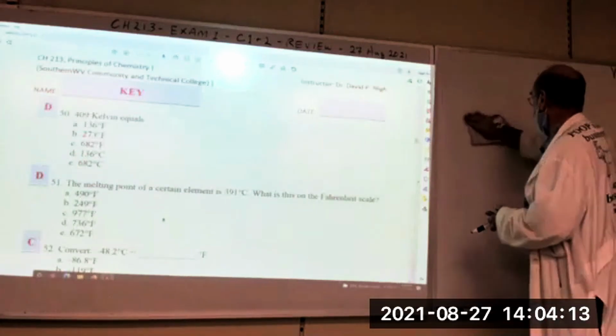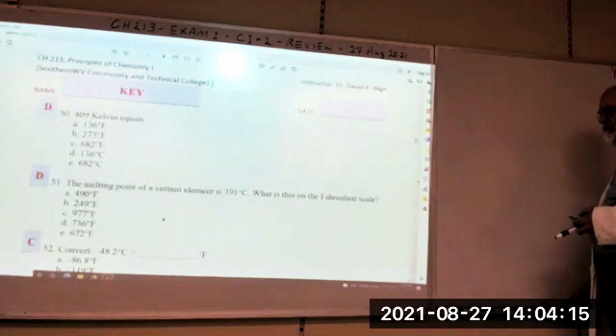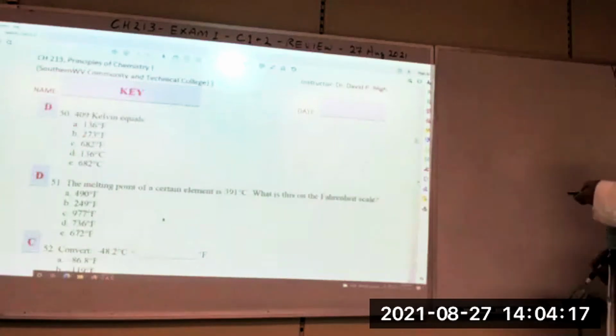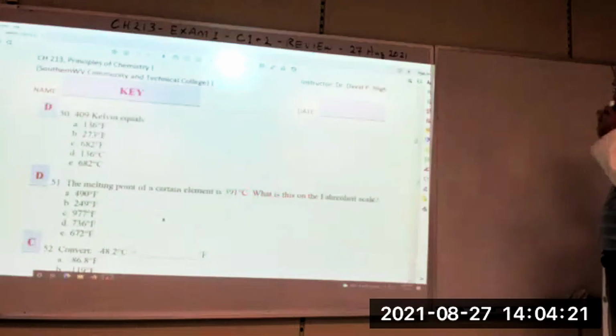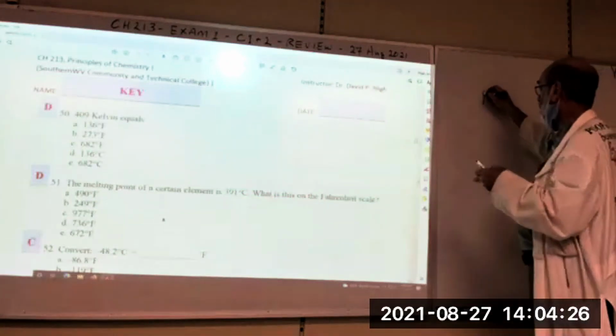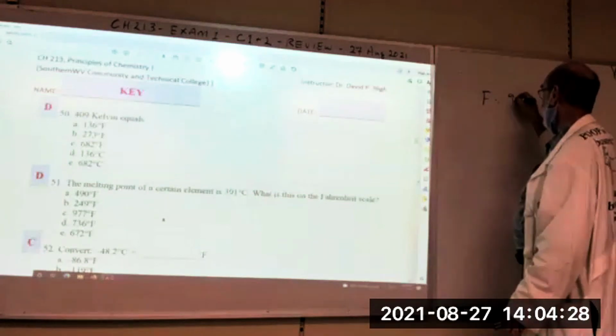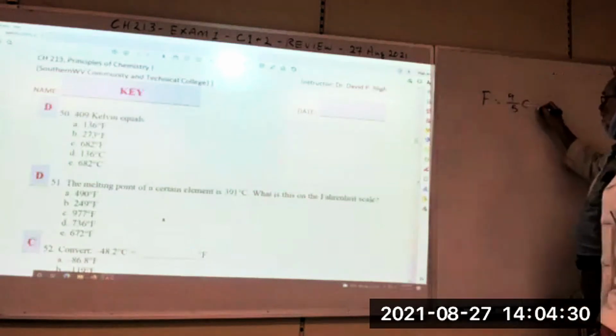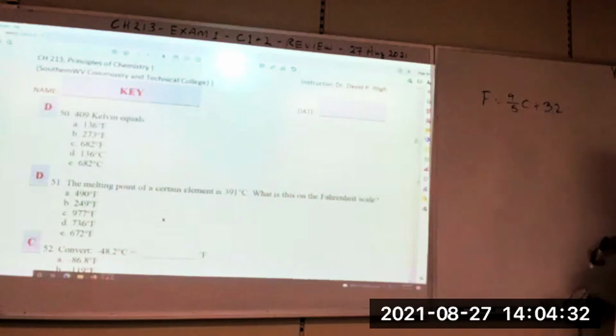The next one does convert. If your melting point is 391 centigrade Celsius, what is it in Fahrenheit? So what's the formula there? Well, Fahrenheit equals 9/5 Celsius plus 32.